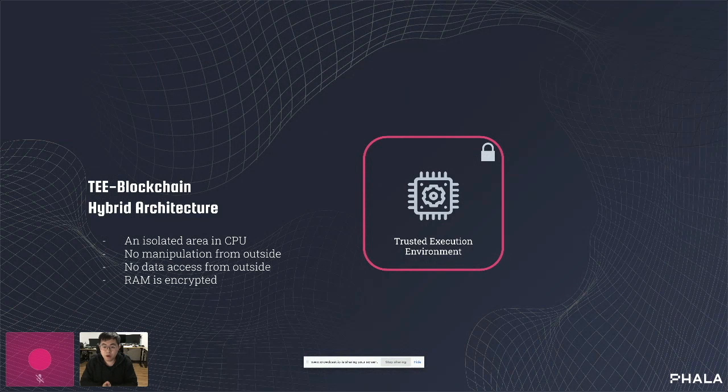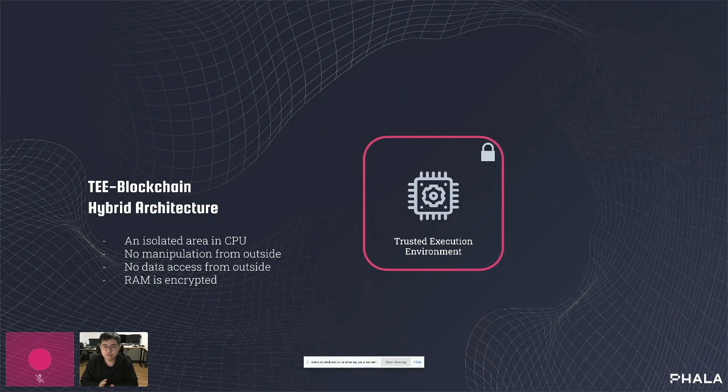This creates a problem, because everything on the blockchain is transparent. So if you want to store something secret, or some private user data, it becomes a problem for us.